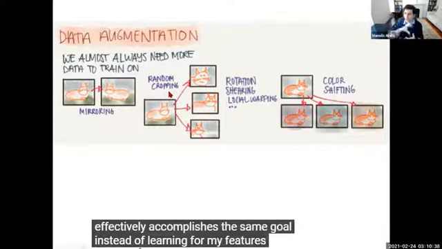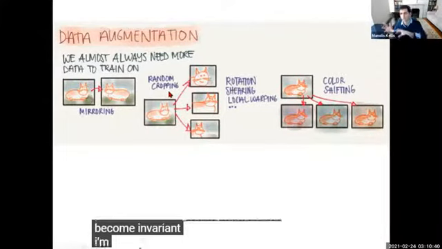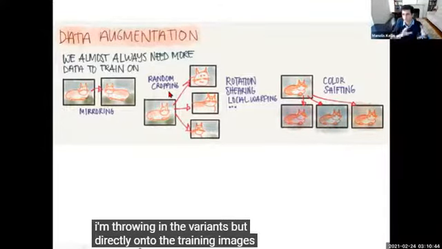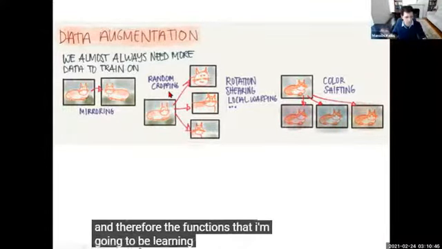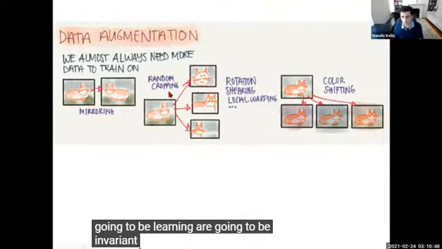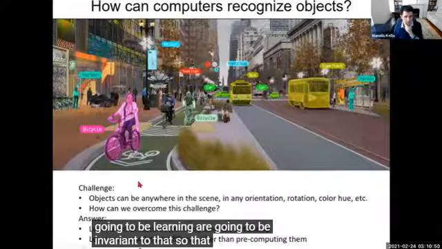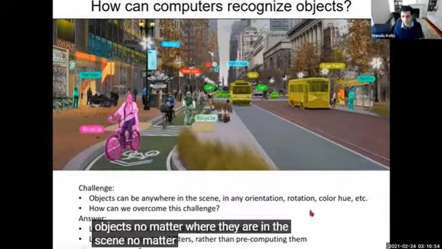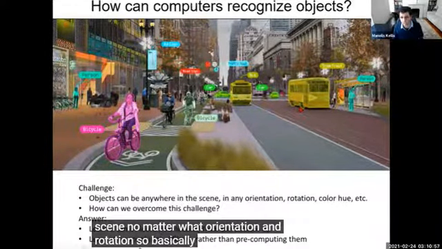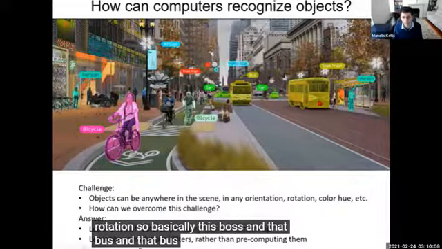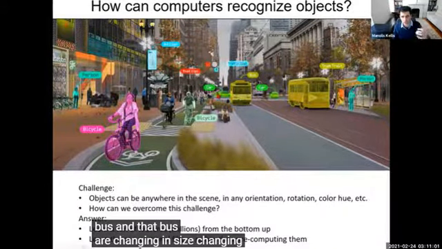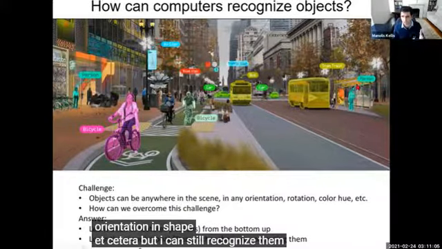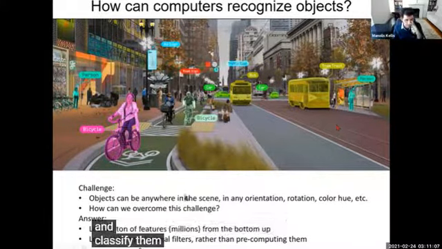Instead of learning for my features to become invariant, I'm throwing in the variance directly onto the training images. And therefore, the functions that I'm going to be learning are going to be invariant to that, so that I can recognize objects no matter where they are in the scene, no matter what orientation and rotation. So this bus and that bus and that bus are changing in size, orientation, and shape, but I can still recognize them and classify them as such.